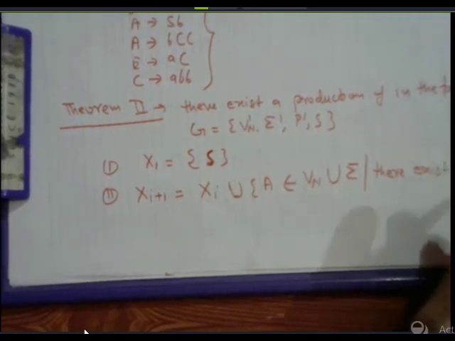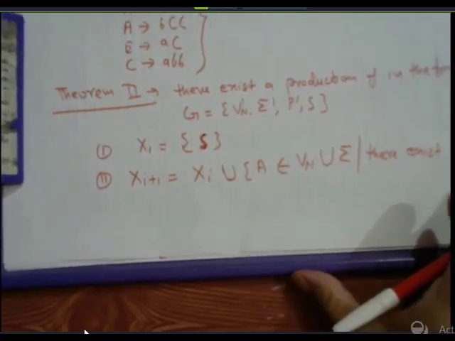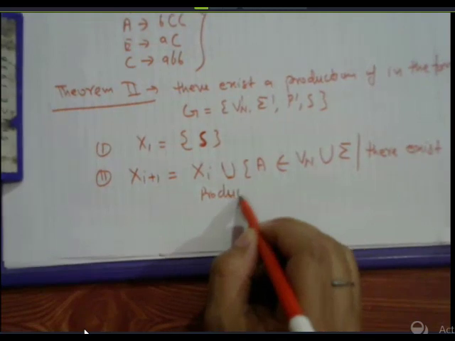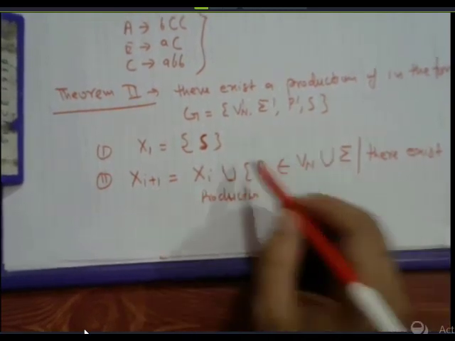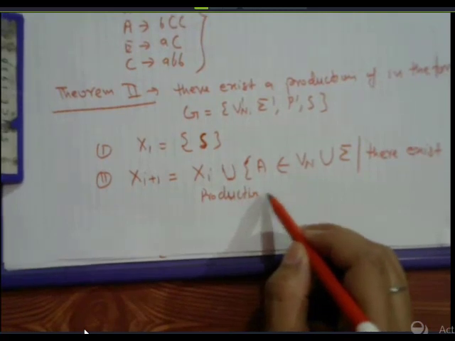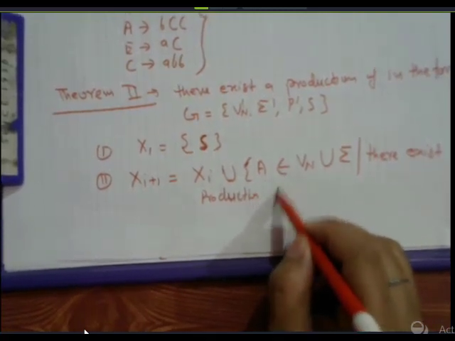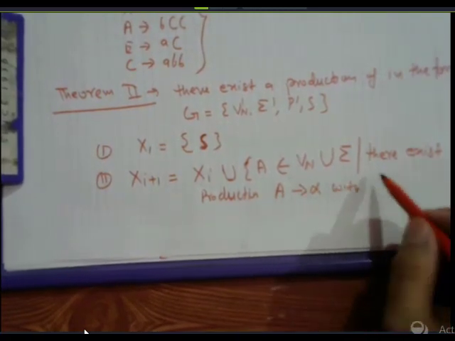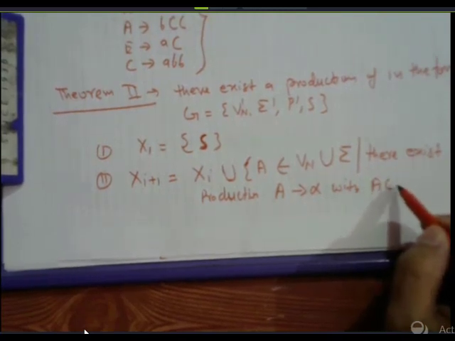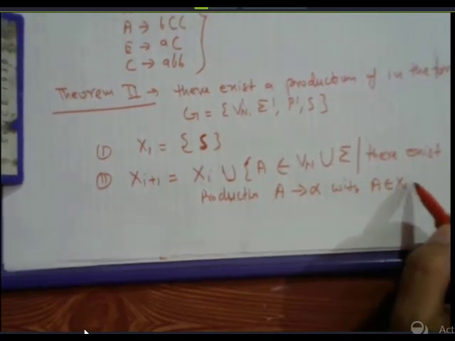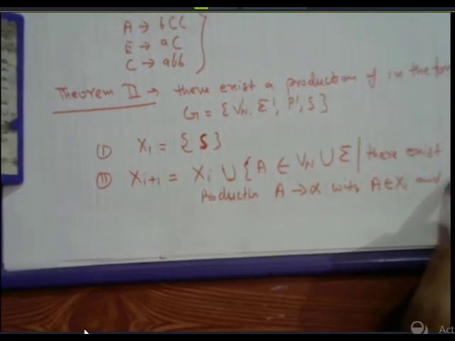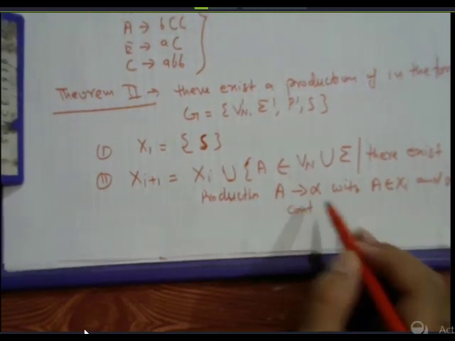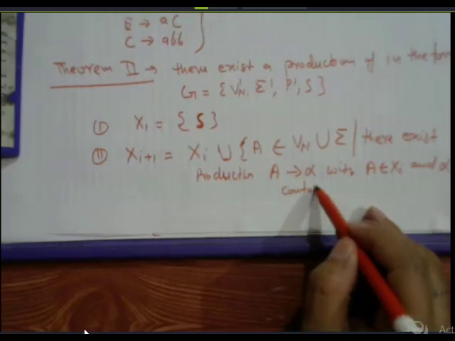There exists a production A tends to alpha, with A being an element of xi, and alpha containing the symbols.